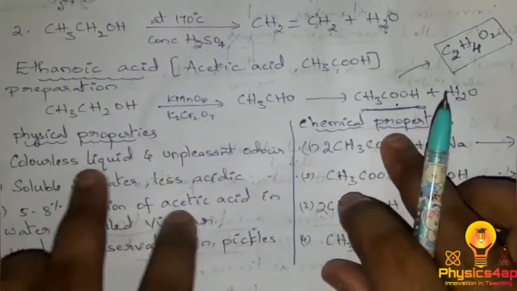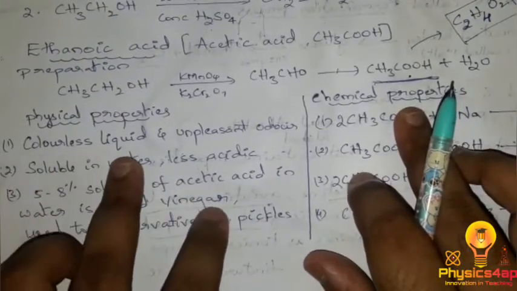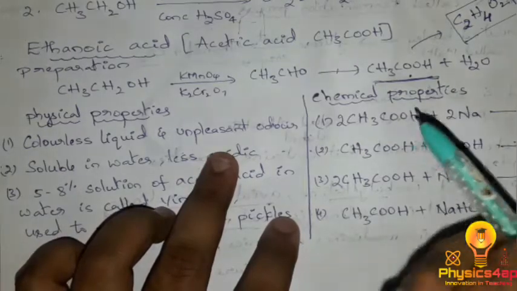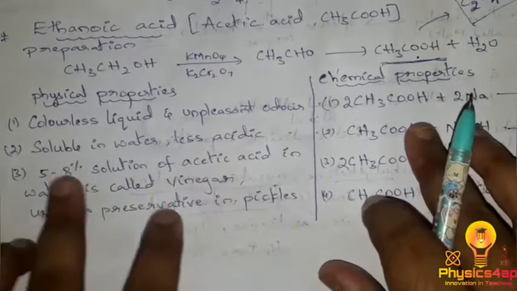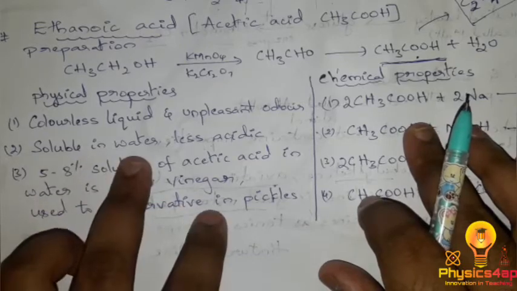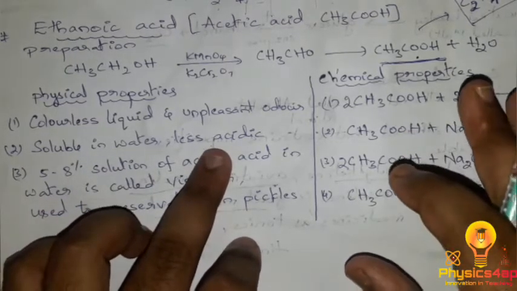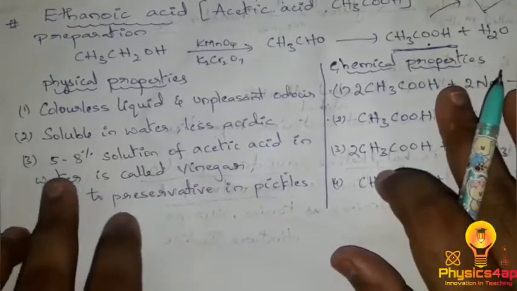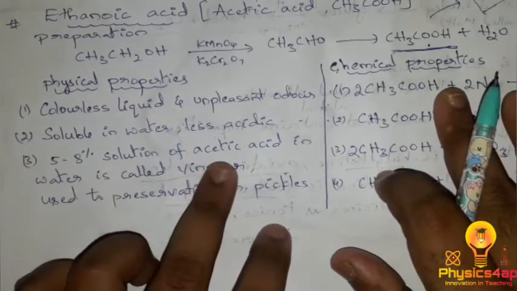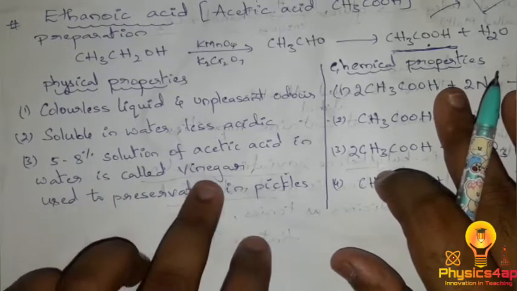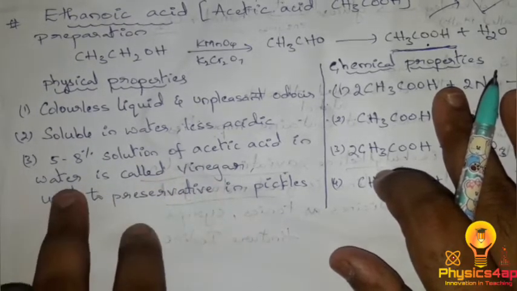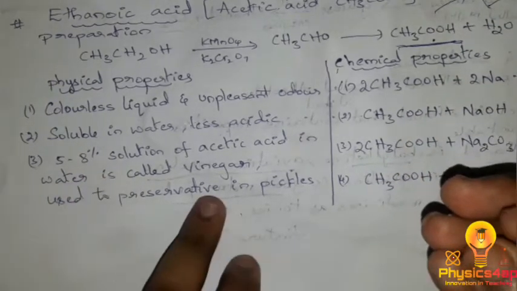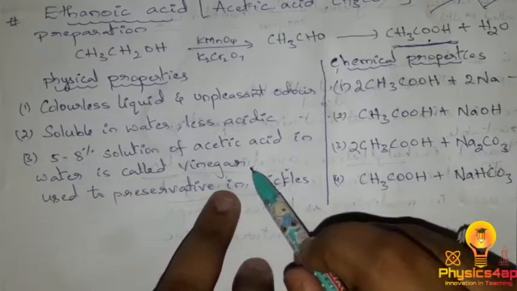And coming to the physical properties, what are the physical properties? It is a colorless liquid with an unpleasant odor, that means we cannot smell it pleasantly. It is easily soluble in water, and it is also less acidic, a very weak acid. A 5 to 8% solution of acetic acid in water is used as vinegar.